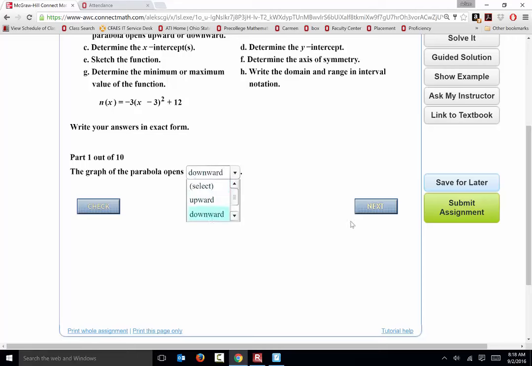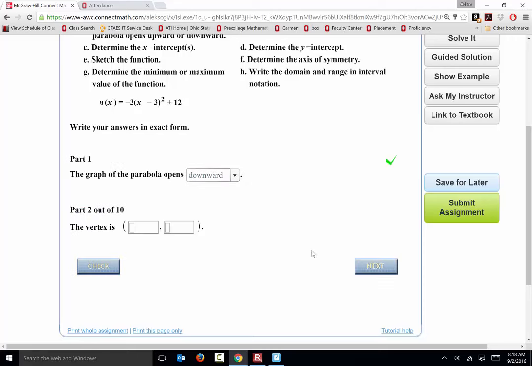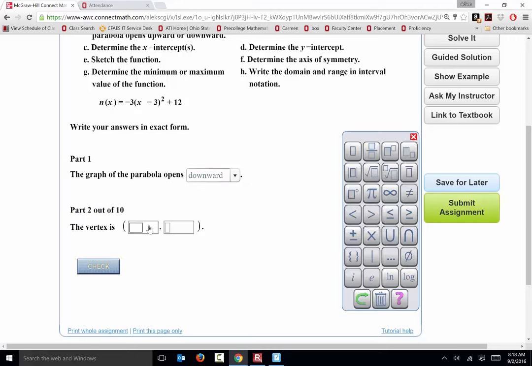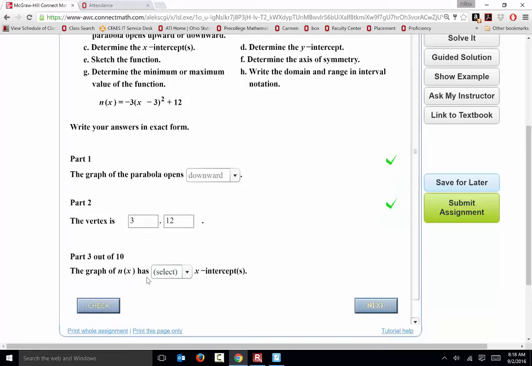Opens down. Vertex is 3, 12. How many x-intercepts do we have? 2.